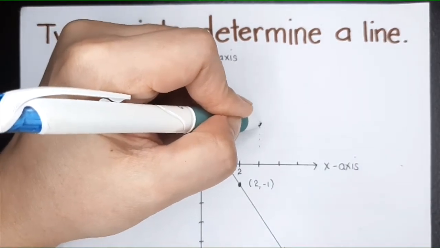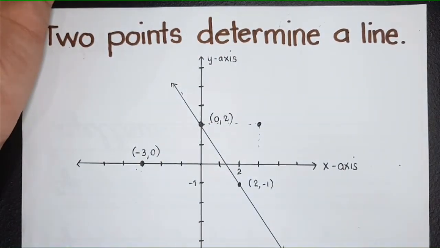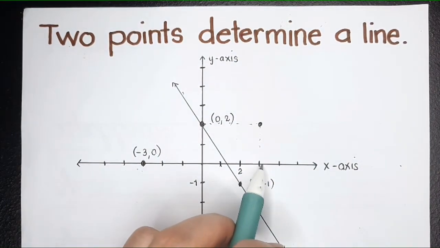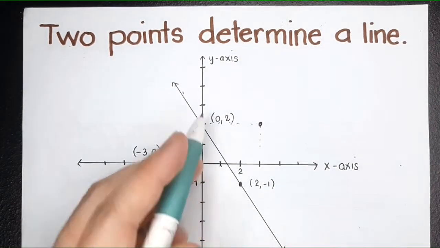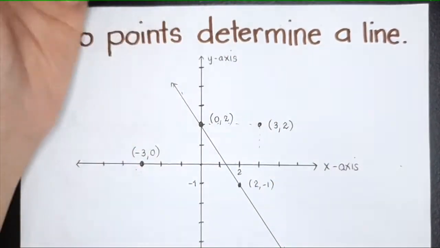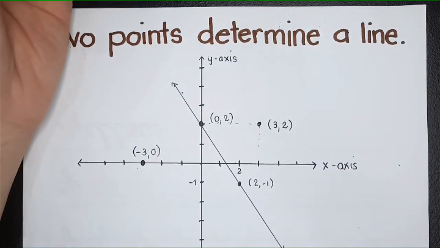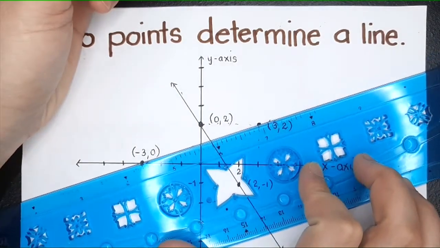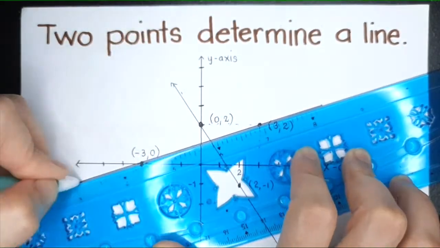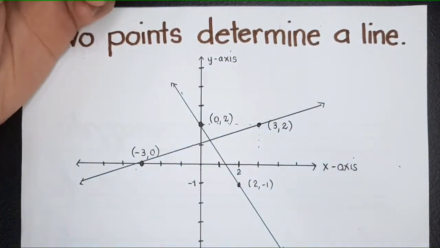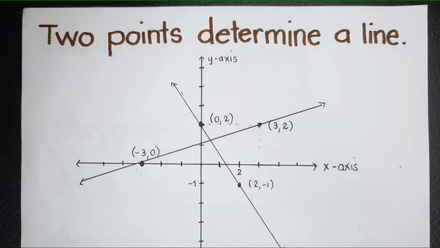What are the coordinates of this point? 1, 2, 3. So 3, 2. So this point is the point 3, 2. Now you connect them. And then you're going to have another line. Like this. Diba? So, gano'n lang. Basta meron kayong 2 points, you can easily create a line.